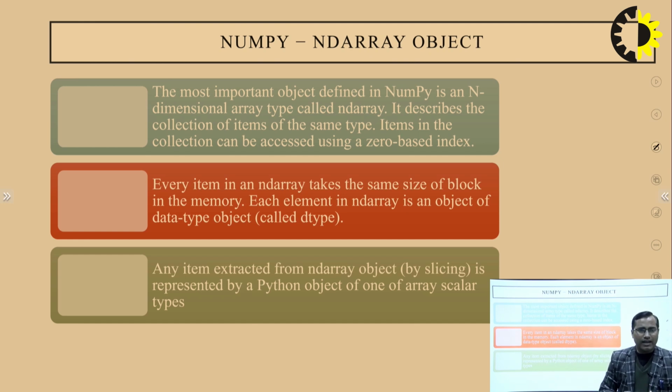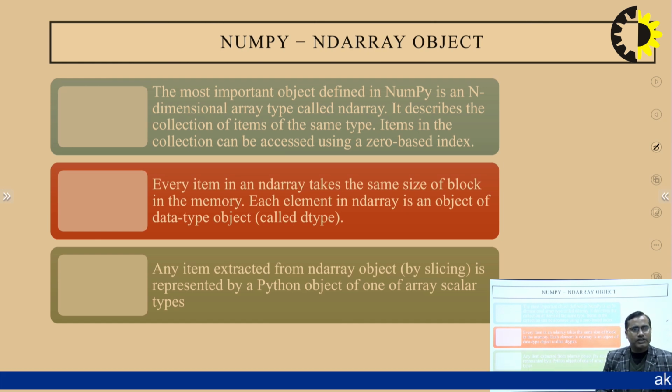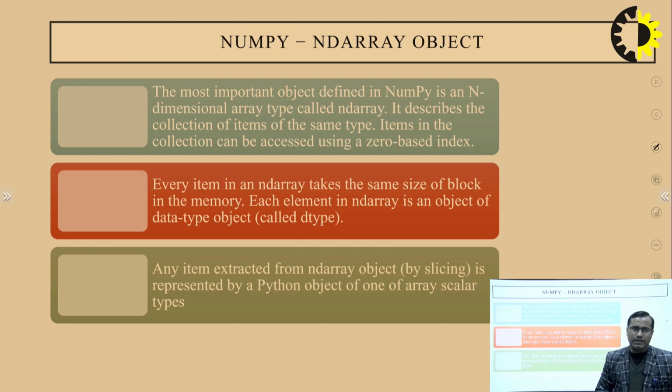So what is an array? What is an n-dimensional array? An array is basically a collection of homogeneous or similar types of data elements. That means an ndarray is a collection of items of similar types. Items in the collection can be accessed using a zero-based index, so we can access each element by the index specified.